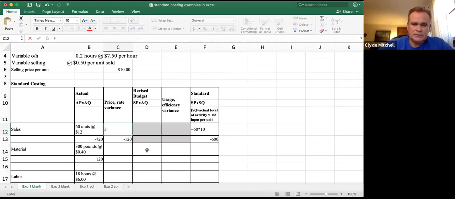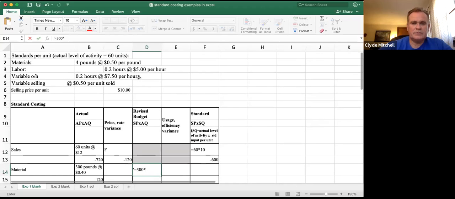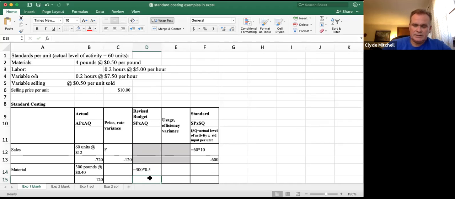Let's go and have a look now at our materials. So for materials, we are going to be looking at the quantity of materials, which in this case was 300 pounds, and we're going to be multiplying by the standard price per pound. And that was given in this case as 50 cents. So let's just do that. It's equal to 300 multiplied by 0.5.